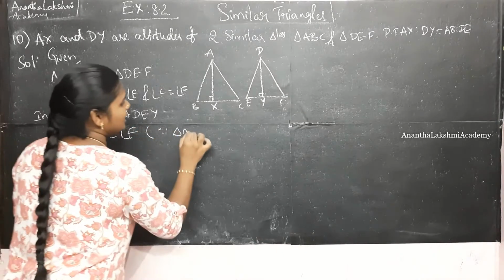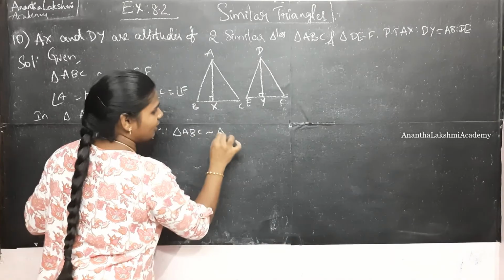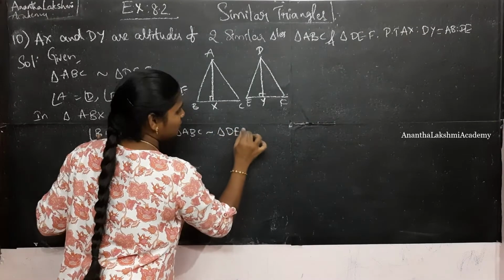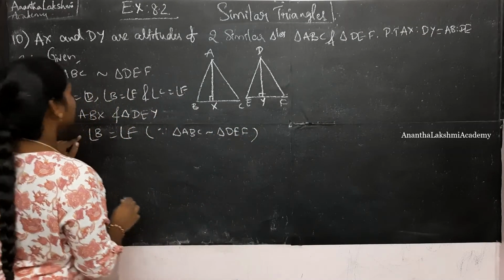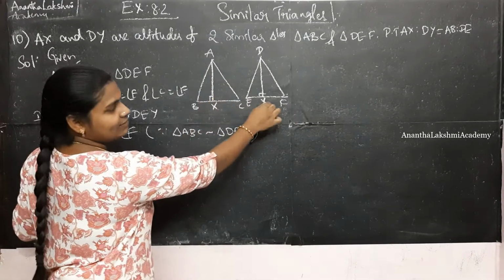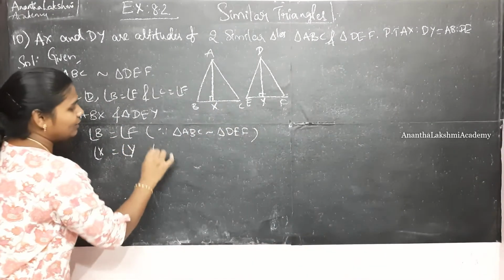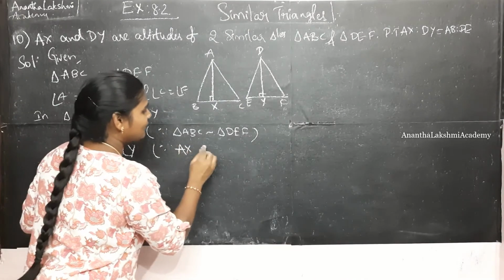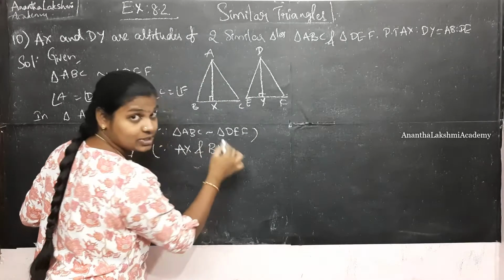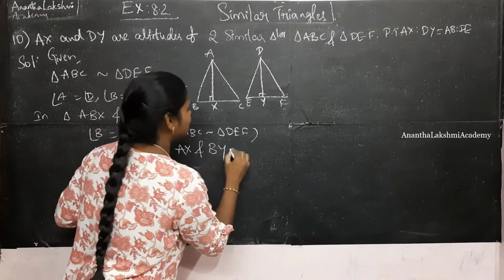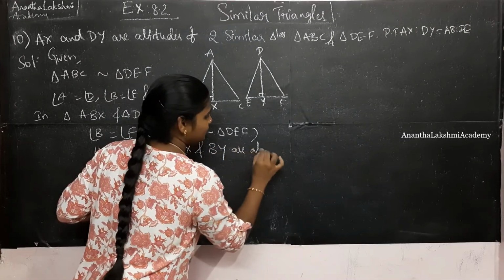Since ABC is similar to DEF. We got this from here. Next, angle X is equal to angle Y. Why? Because AX and DY are altitudes. Altitudes always make 90 degrees with the base.